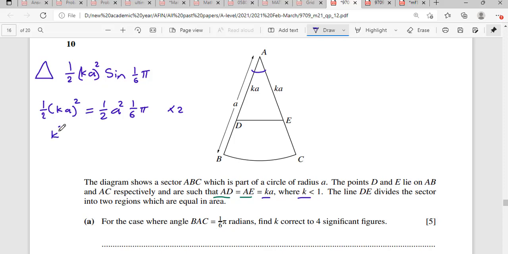It will be k squared a squared equals a squared 1 over 6 pi. Since it's an equation, if we divide both sides by a squared, a squared will be removed. Then k squared is equal to 1 over 6 pi, and k is the square root of 1 over 6 pi.